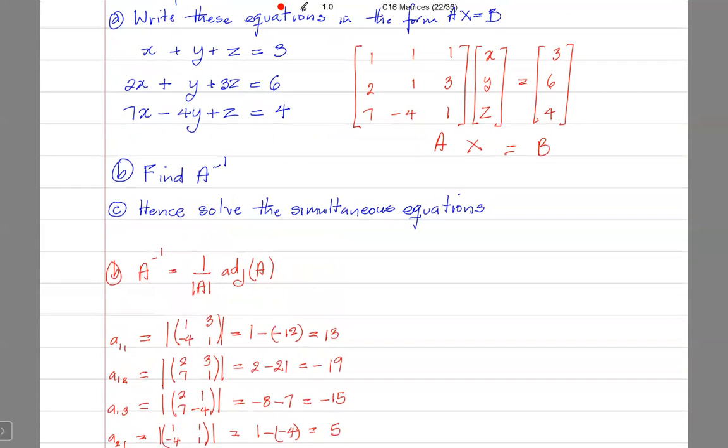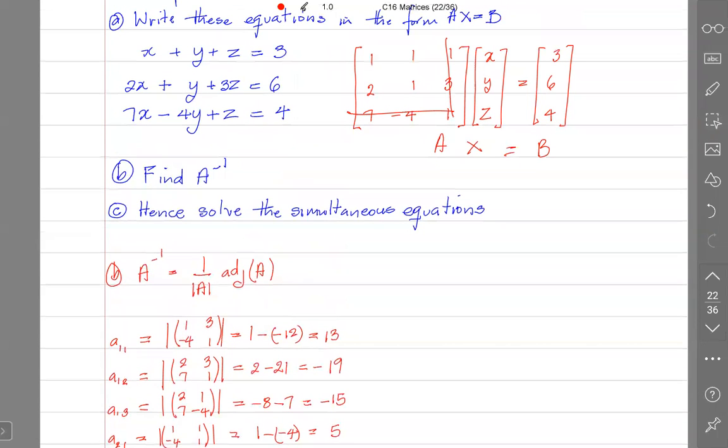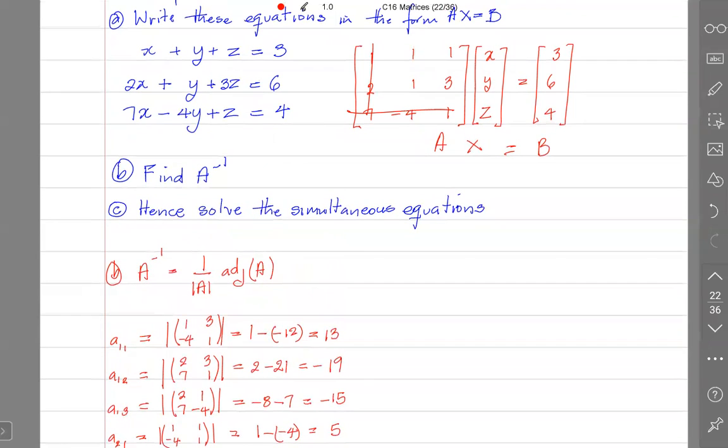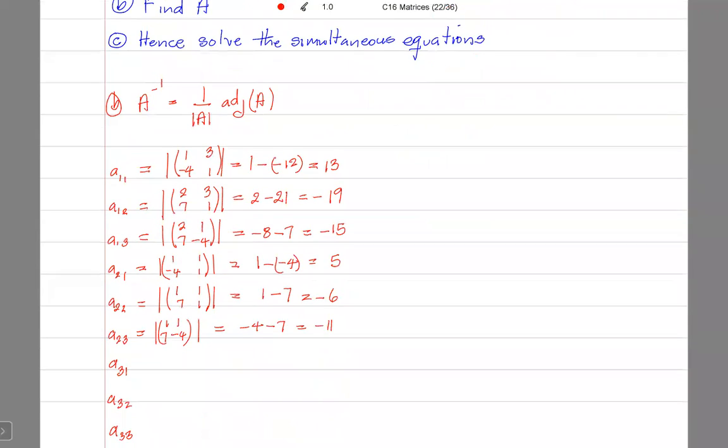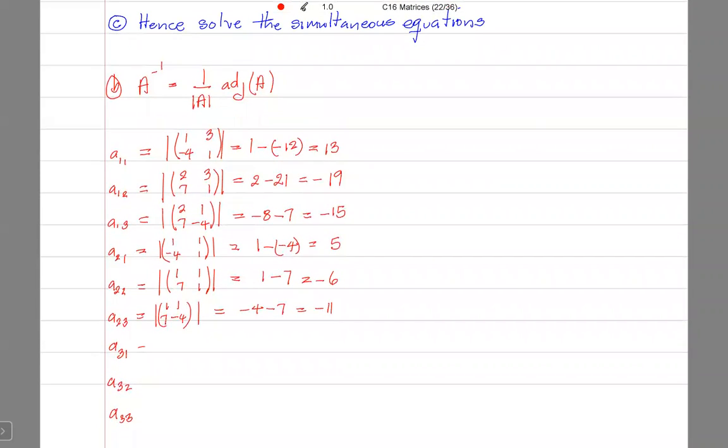All right, third row, first element. If I block off everything here, it's 1, 1, 1, 3. So this is the determinant of 1, 1, 1, 3.